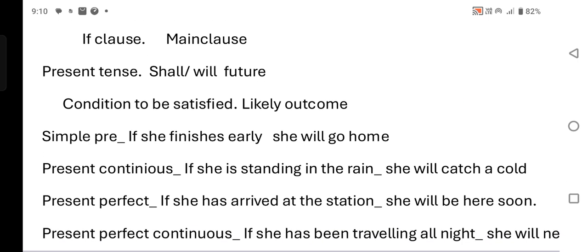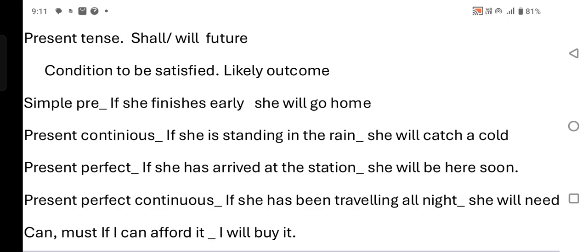Next example, present perfect tense. If she has arrived at the station, has plus V3 form. Arrived, present perfect. In every perfect tense, the main verb should be written in V3 form. Helping verb is has. If she has arrived at the station, she will be here soon.